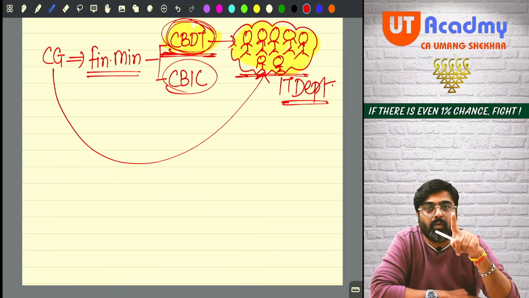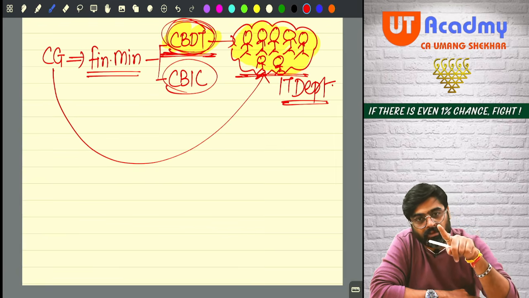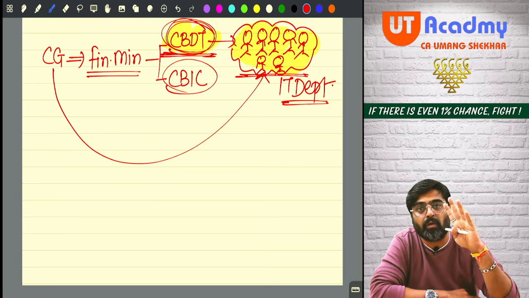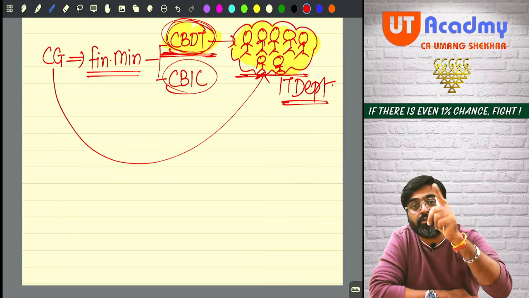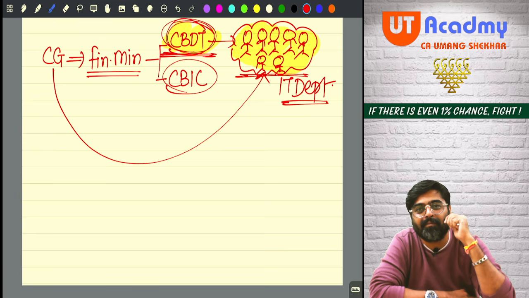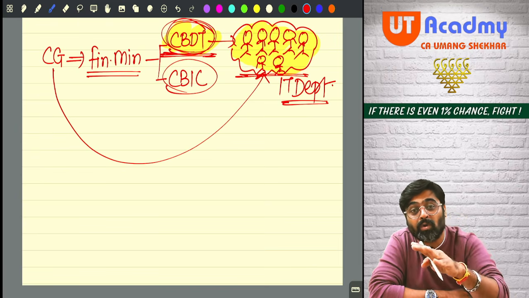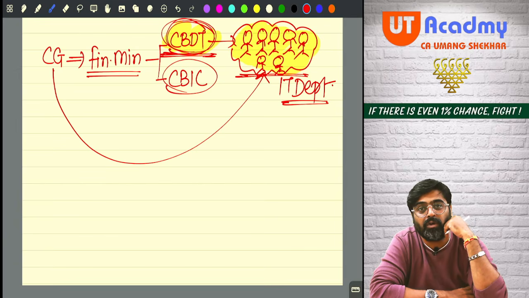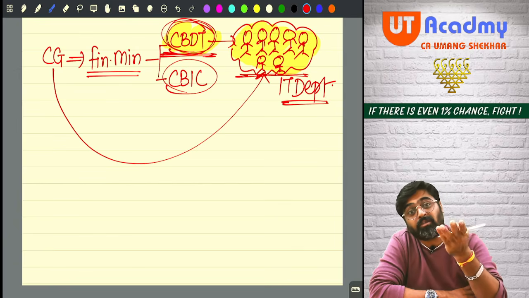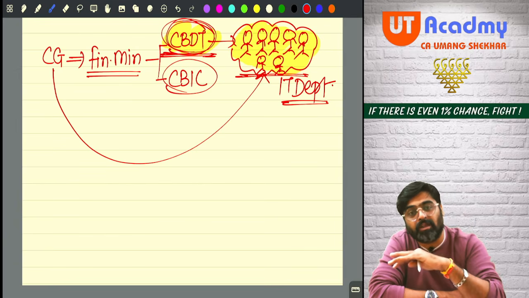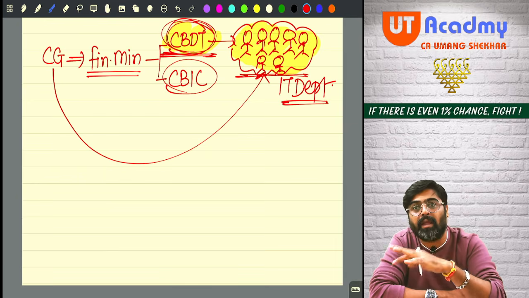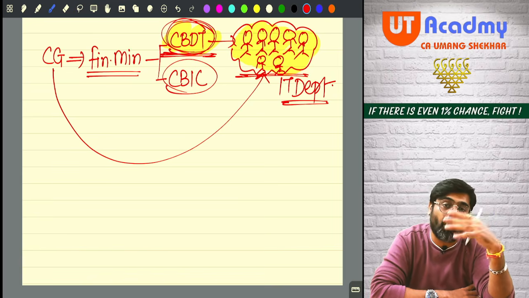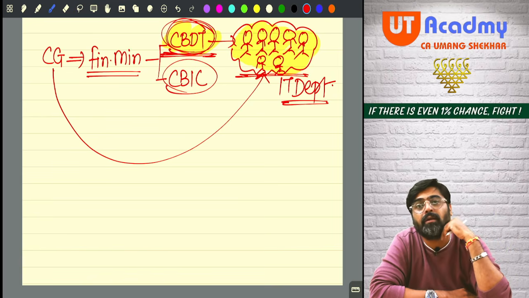Now tell me, what if the officers and the department who will make the people follow the law have certain confusions in the law? They don't know what to do in this provision, how this provision will be followed, there are certain ambiguities, or some offices or some officers of the department are following it in a different way.